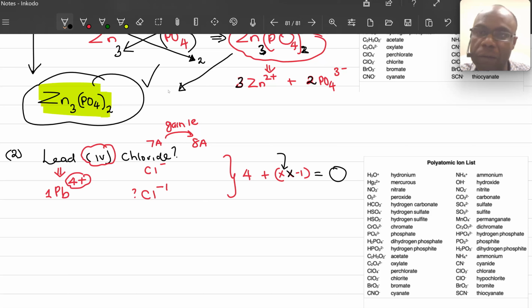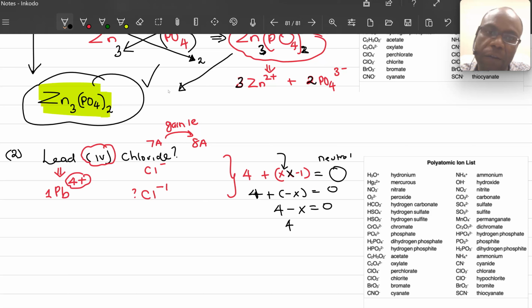And this must give you 0 because lead 4 chloride is neutral. So this will be 4 plus minus x equals 0. So 4 minus x equals 0. 4 equals x. So we need 4 chlorines. And that makes sense because if this is plus 4, this has to be minus 4.